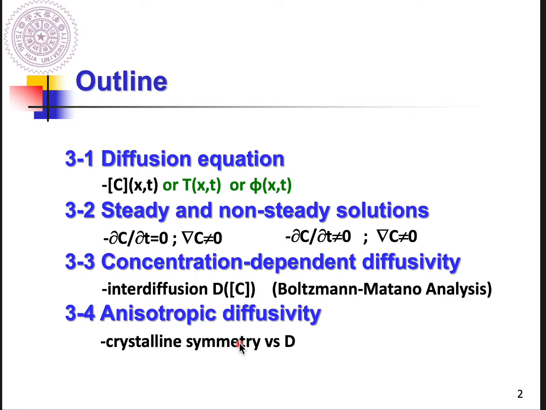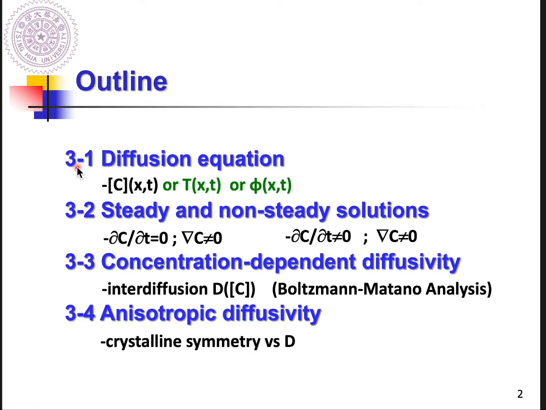So we are going to show you the relationship between the crystal symmetry, asymmetry, and the diffusivity. How the crystal symmetry affects the diffusivity will be the last section in lecture 3.